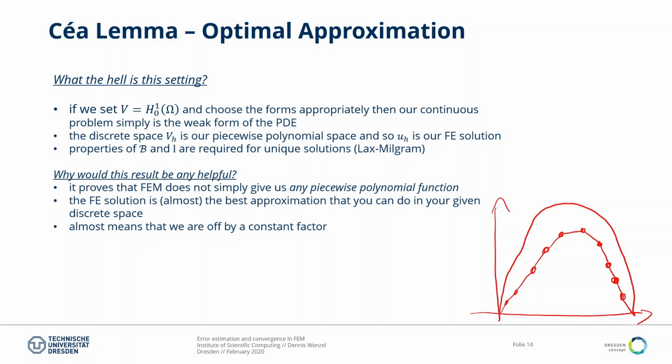Of course you could say there is a piecewise linear polynomial that approximates our exact solution better, but our FEM solution is still pretty good. It's not just the constant zero, but it's actually just off by some factor. And that's pretty good. So we can always be sure that our FEM solutions are at least in some sense good. Of course, we don't know for now how big this constant can be.